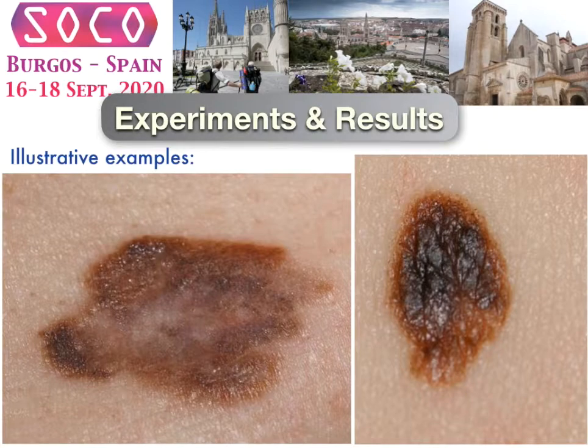Here we have some illustrative examples. Basically, we start with a benchmark of 12 different medical images taken from a public repository. I display here some examples just to illustrate how difficult it is to identify which is a benign or malignant melanoma.